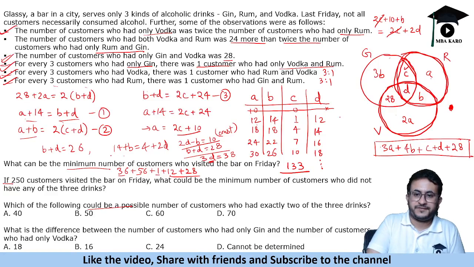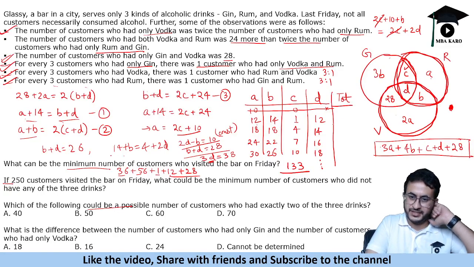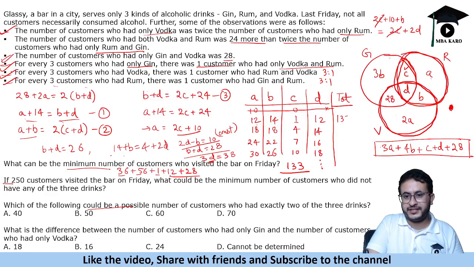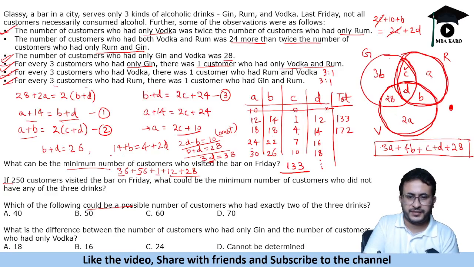So let's first find the total number of visitors for these cases and see where 250 can fit. So this is 133. Now this equation is 3a, that is 54 and 72, 126 plus 18, 144 plus 28, 172. 3a 72, 88, 160, 160 plus 23, 183, 211.